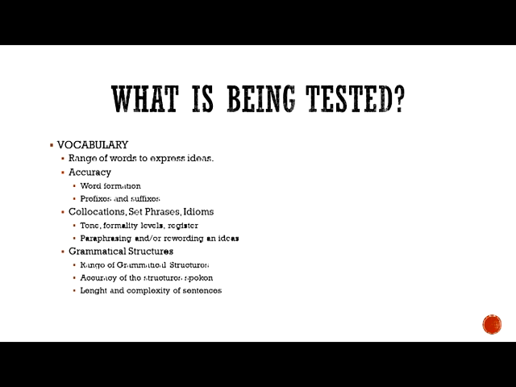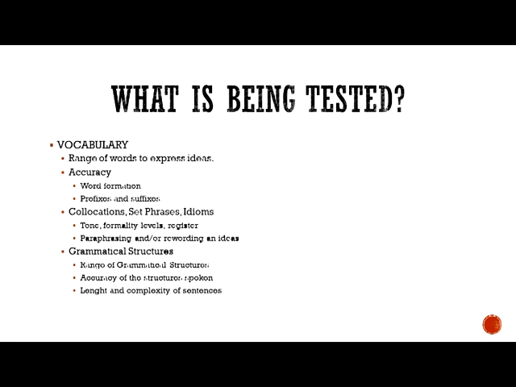For example, your ability to form words, how you use prefixes and suffixes, the use of collocations, set phrases, and idioms. Here, it's also worth mentioning that you need to pay attention to tone, formality levels, and your register. And also how well you organize your ideas and how well you can reword an idea based on what the interviewer is asking you. In other words, your ability to paraphrase.